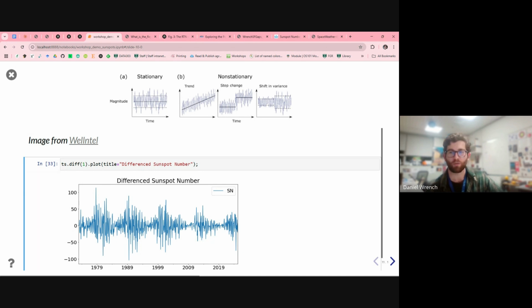But especially if you have linear trends, just taking this difference, so literally just subtracting the previous values from the values, this will often make your time series stationary. And that's a key part of the ARIMA modeling, which we'll touch on a bit later.